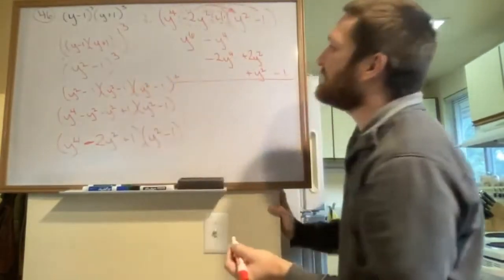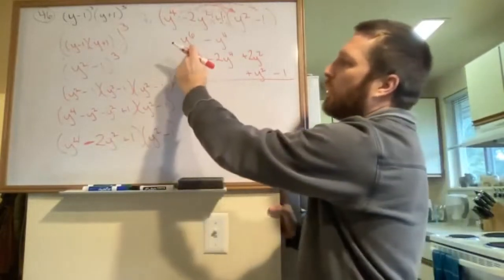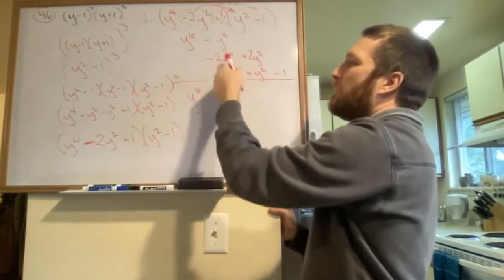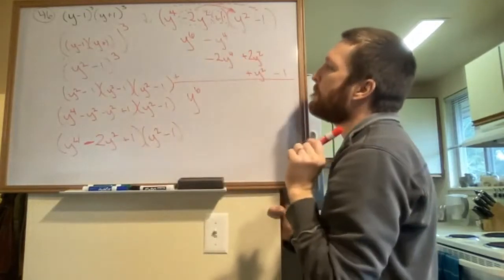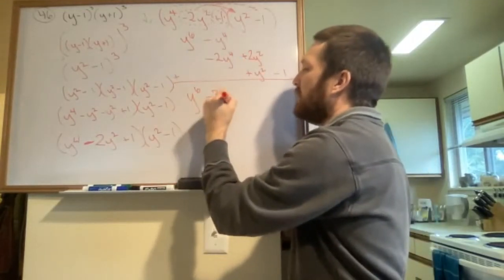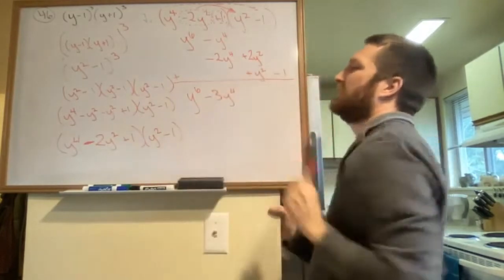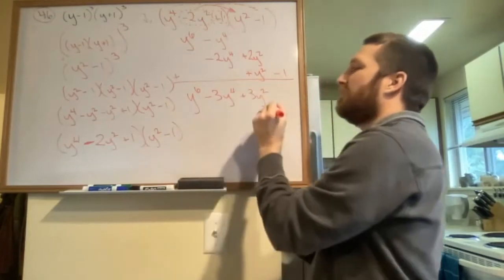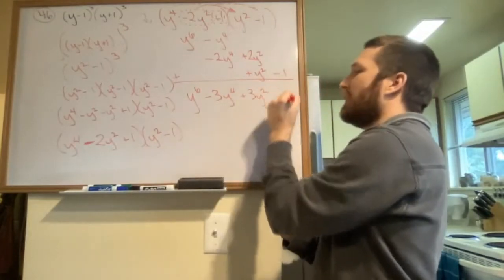Now there's only one y to the 6th. What do these come out to be? -3y to the 4th. What about these? Plus 3y squared. And finally, -1 is just a -1.